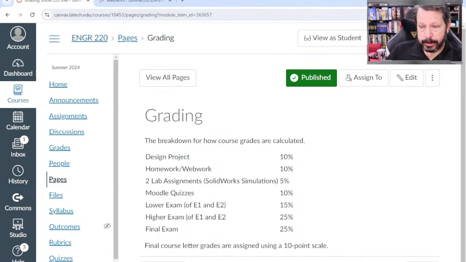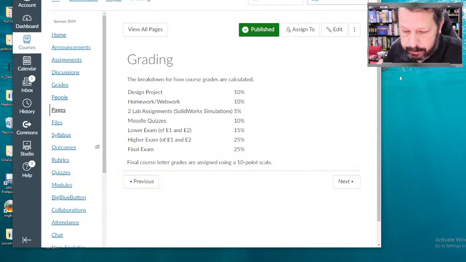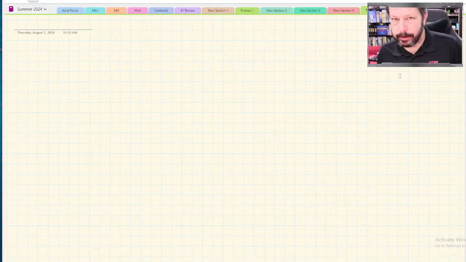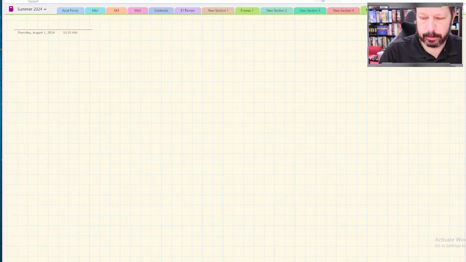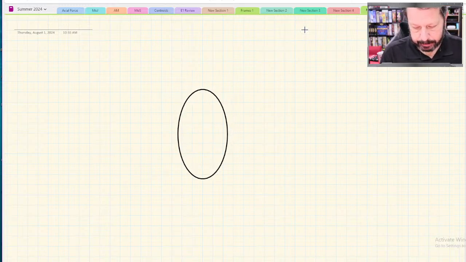Let's talk first about our angle of twist. I think we defined all the variables last time except for angle of twist itself. So we'll redo some of that, and then we'll talk about angle of twist. Let's draw our shaft, something like this.